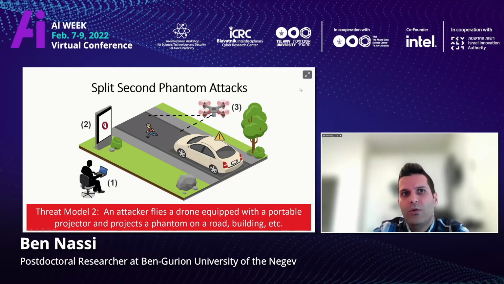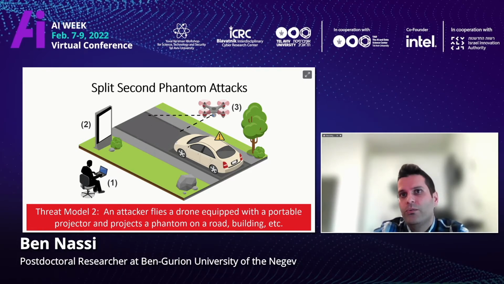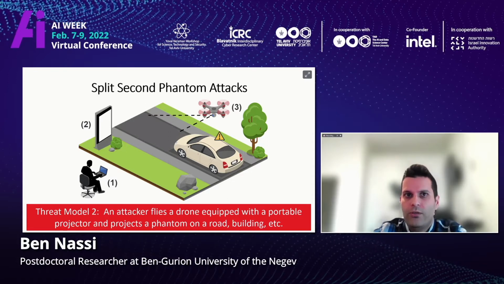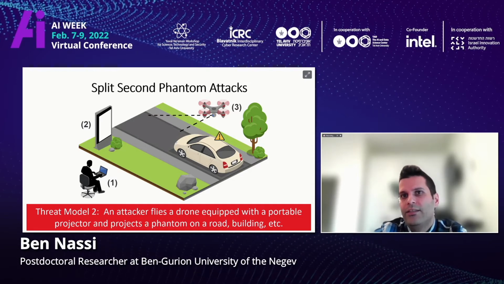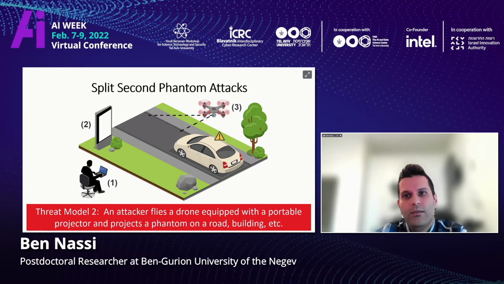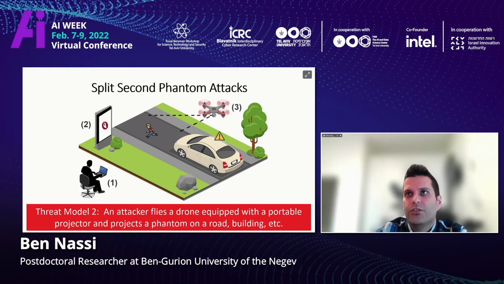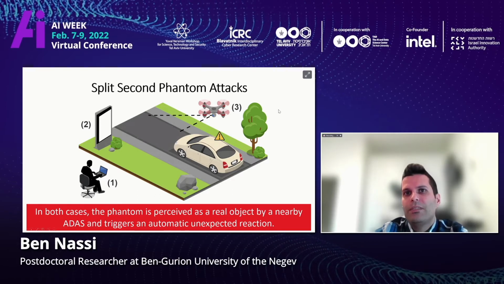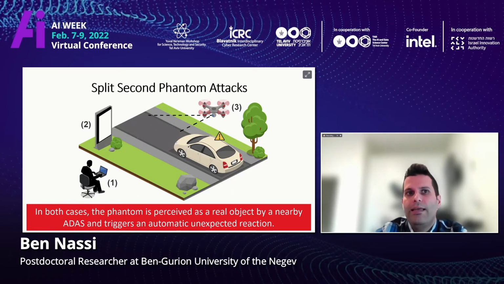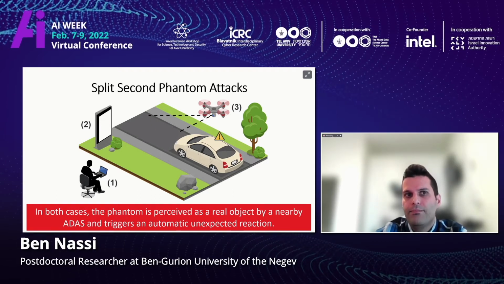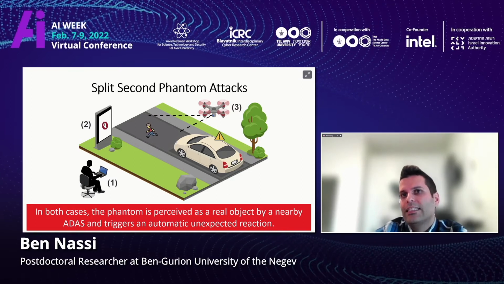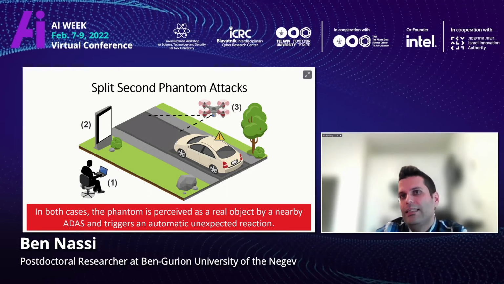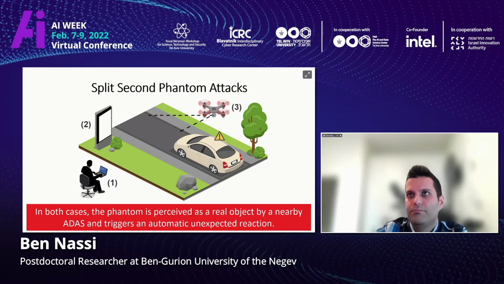And in the second threat model, the attacker flies a drone equipped with a portable projector and projects the phantom on a road, on a building, or on some other nearby structure. In both cases, the phantom is perceived as a real object by a nearby advanced driver assistance system and triggers an automatic unexpected reaction.